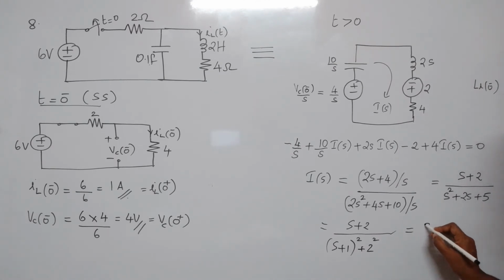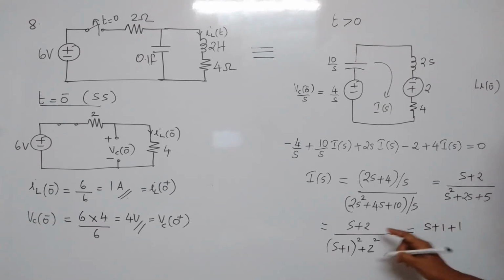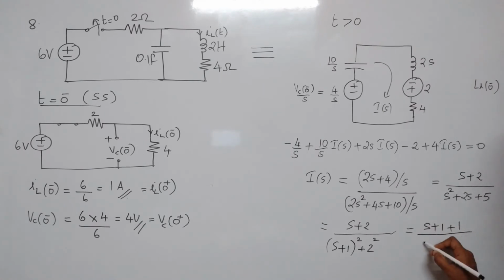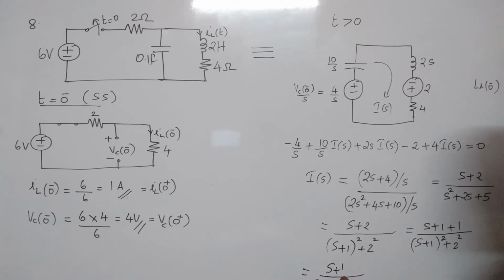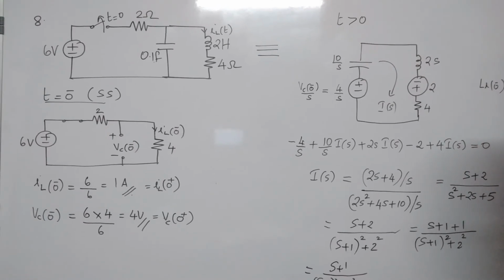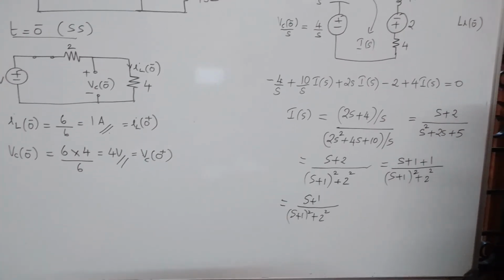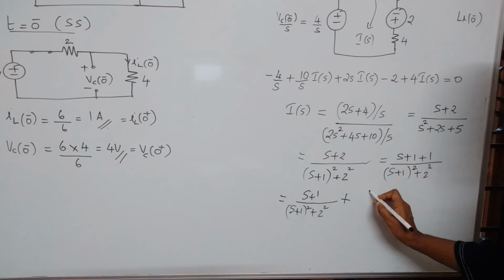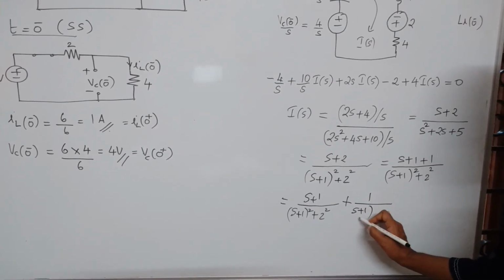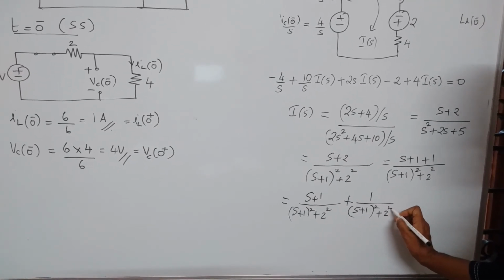Now this can be further split as, the numerator we can write S plus 2 as S plus 1 plus 1, divided by S plus 1 the whole square plus 2 square, which can further be written as S plus 1 by S plus 1 the whole square plus 2 square plus 1 by S plus 1 the whole square plus 2 square.